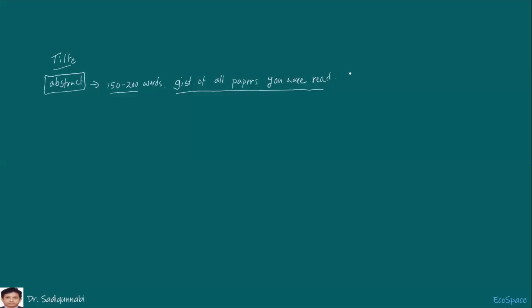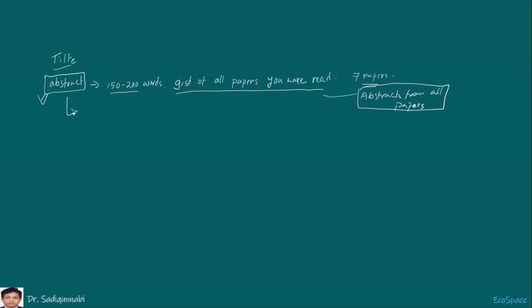So suppose you have read 7 papers. So from 7 papers, maybe you can read all abstracts from all papers. And you make some summary of all abstracts and make the abstract of your synopsis. Okay.